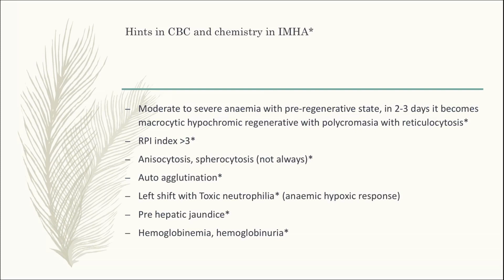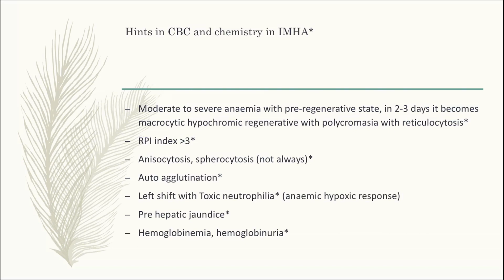If you see agglutination, then it suggests IMHA, because if there are more surface antibodies, there is going to be agglutination reaction, and that will also give you some clues to diagnose IMHA.